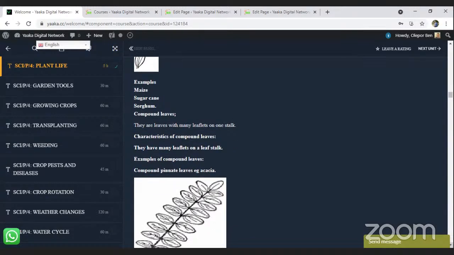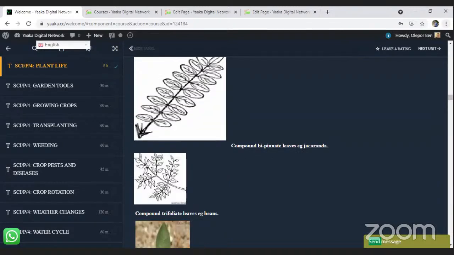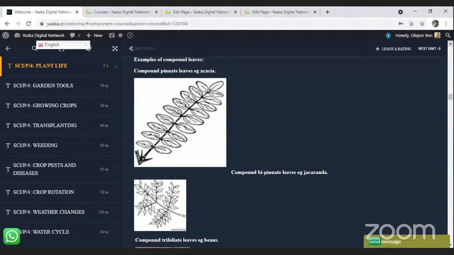So this one is a compound pinnate. Sometimes they can ask you in your examination to draw this one. That is a compound pinnate. Then the other one, which has very many leaflets, is bipinnate. This one down here is called compound bipinnate.